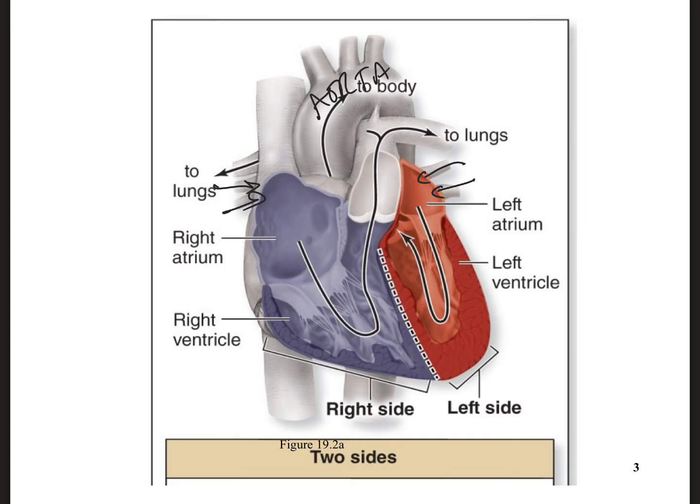I want you to understand this. The goal, or the requirement standard for the heart, the job of the heart, is to perfuse tissues. What does perfusion mean? Perfusion is the delivery of blood to provide oxygen and pick up waste. Okay?